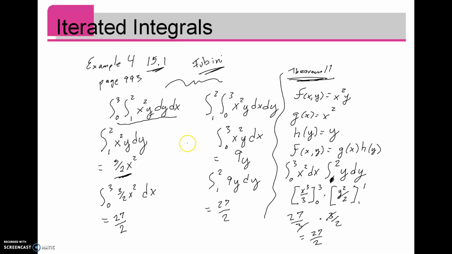There is no real negative volume, so that doesn't really make sense. But you can think about it that way, or you might have part of the multivariable function above and below, and you might cancel out the two volumes, the quote unquote negative volume and the positive volume, and get 0. In this case, we get the volume of 27 over 2. All right, and that's it.